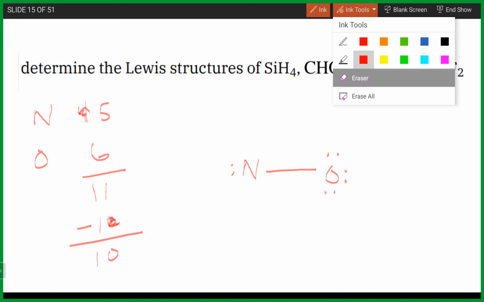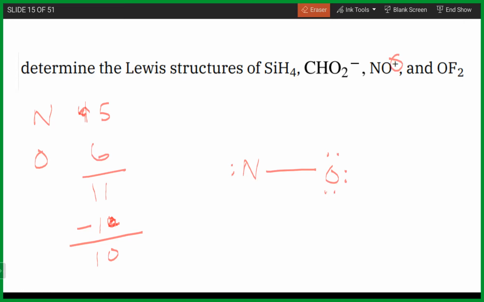And in this case, since nitrogen needs 4 more electrons, we can't just form a double bond, because if we only do this, that gives nitrogen 2 more. Oxygen still has 8, but because nitrogen only had 4 to begin with from the original kind of structure, now it only has 6, so it's still not a full valence shell.